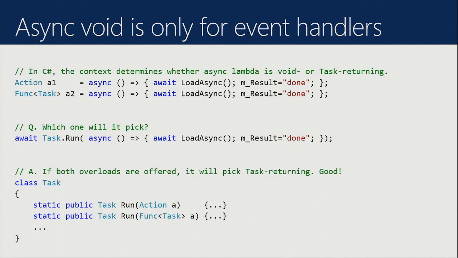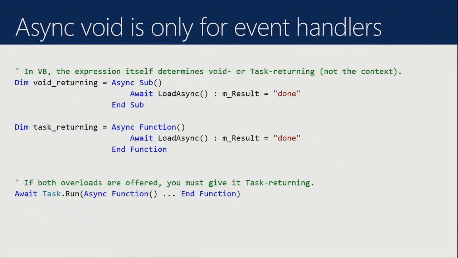There's one that takes an action, and there's one that takes a Func of Task. The rules for deciding which one to pick, when you call it like we do on top here, are designed so that it will always pick the task returning one. So that's good, right? If there is an overload of the method you're passing the lambda to that expects a task returning delegate, then that's the one we'll pick. The language does the right thing for you. Good. Task.Run, no problem. All is good. Async void's not going to happen there.